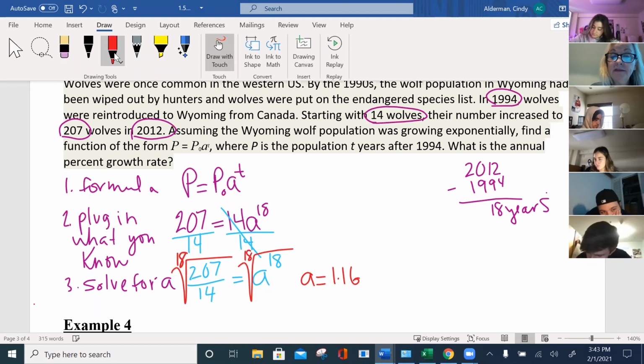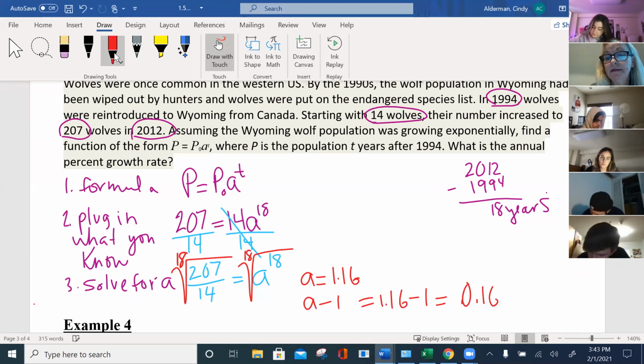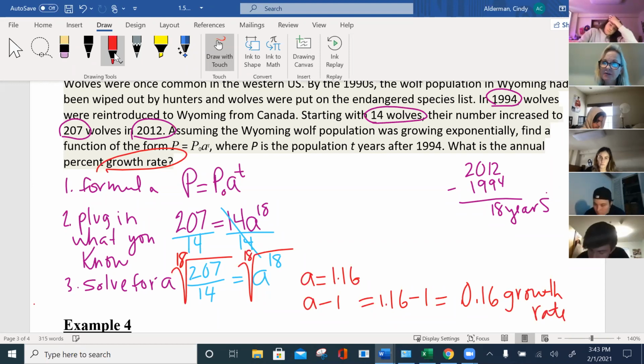So if you take your A value and subtract 1, you would get 1.16 minus 1, or 0.16, which is your growth rate. This is what we were looking for. So the growth factor is 1.16, but the growth rate is 0.16, or 16%.